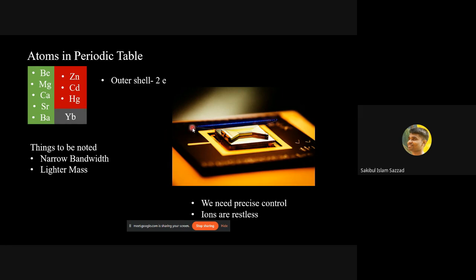What will happen in this case? This ion and the new chip's ion will feel that they are the same. So when these two ends are the same, that means they are continuous. There is no break between this chip and this chip. Does it make sense? Or would you like me to repeat?